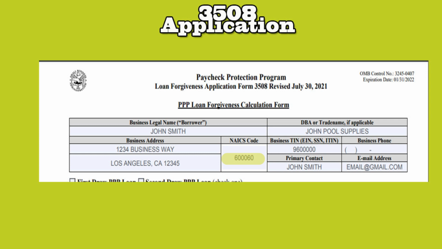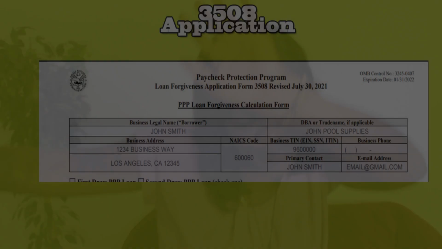If you did not utilize this number on your original application, they do want this number on the 3508 form. So you would have had to utilize this when filing your taxes. So whatever NAICS number that you utilize on your tax return, you would then put it here. If you are not sure, you could also look this code up as well.